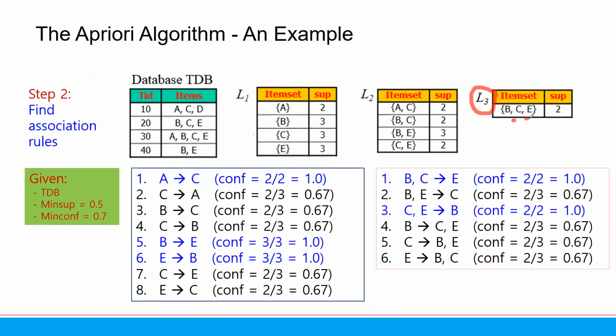So we will check for every possibility: B goes to C and E, C goes to B and E, and E goes to B and C, and so on. We calculate the confidence, and we will select only the confidence which is higher than 0.7. The blue color is the confidence higher than 0.7. Then you will get the final association rules.